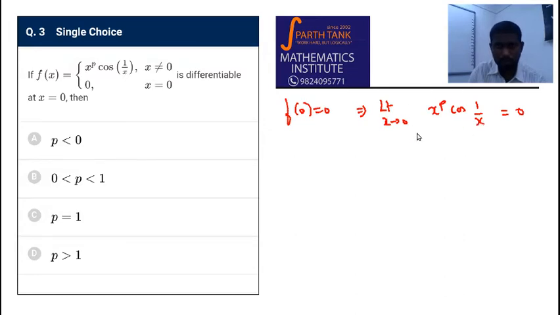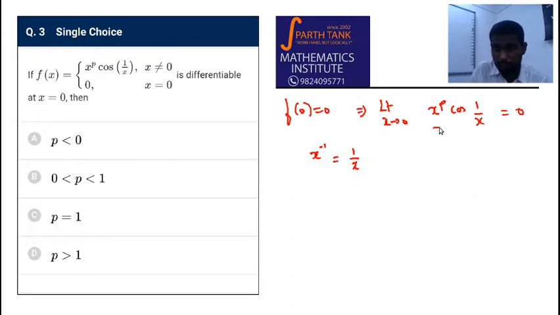So if this should become 0, then this p has to be a positive number. Because if p is a negative number like minus 1, then it would mean 1 by x, and then limit x tends to 0 will become infinite, not defined. Or if it is x power minus 2, or any number, even x power minus 0.5 would mean 1 by root x.